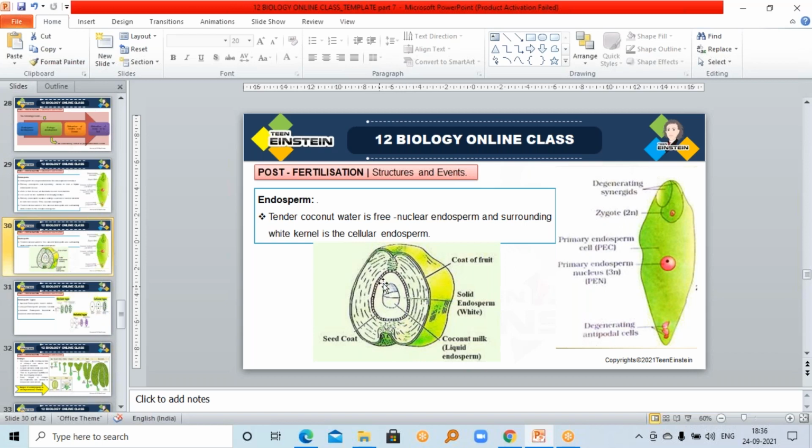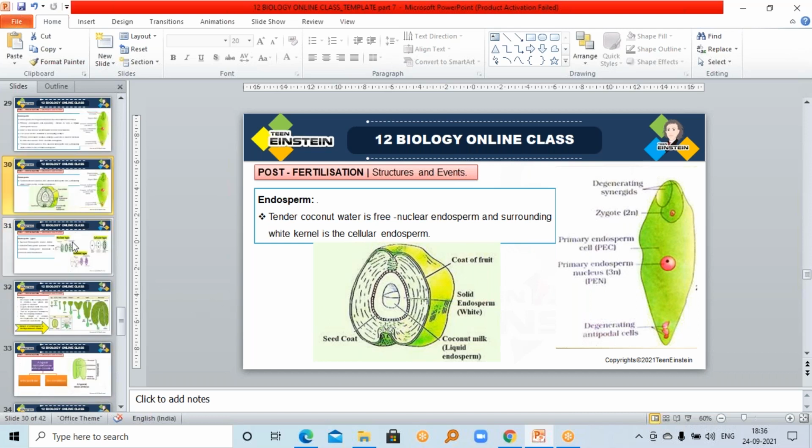And this part is the coat of the fruit and seed coat, you can see the hard part, that is the seed coat. Okay, so the liquid endosperm present in the coconut water is in the free-nuclear stage. Don't forget it is in the free-nuclear stage. Important MCQ.